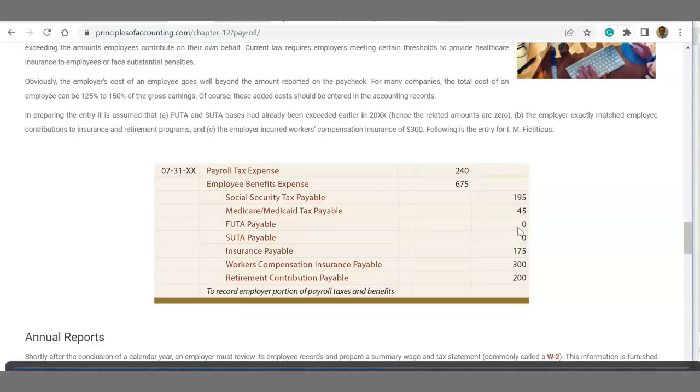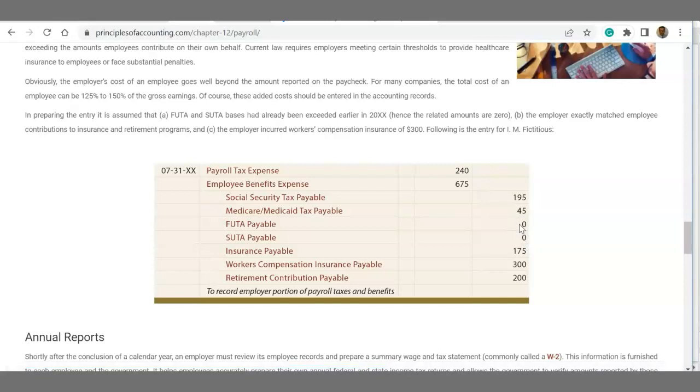Why is that? Because if the employee already passed that $7,000 threshold, there is no more FUTA or SUTA applicable. FUTA and SUTA is applicable only to the first $7,000. Insurance payable also is 175.